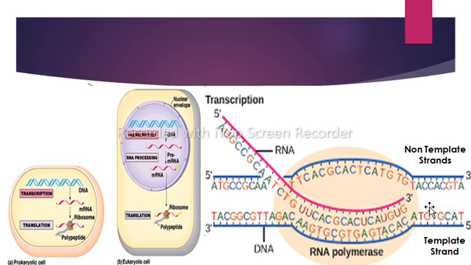A single strand of DNA is decoded by RNA polymerase enzyme, and messenger RNA is synthesized by a process called transcription. RNA is made from a strand of DNA called the template strand or DNA template.